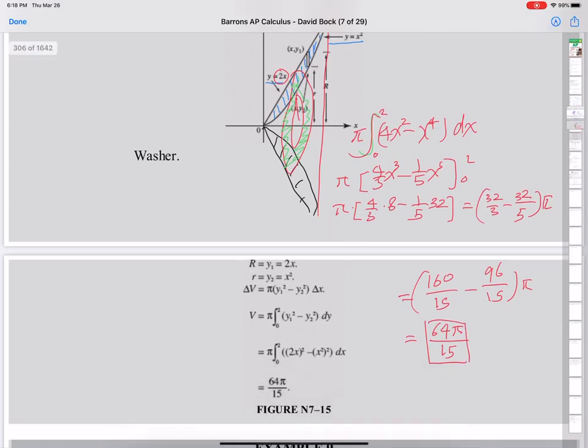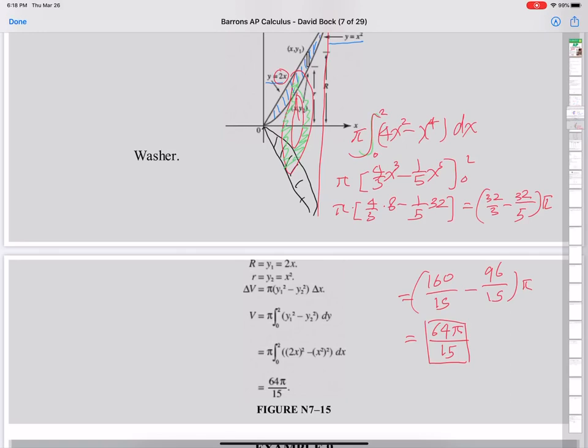Okay, I explained the disk method and the washer method. The basic concept is the same: just find that cross-section area. For the disk method, the cross-section shape is a circle, so you just use pi r squared, where r is usually y. If it is revolved about the x-axis, the radius is y, so pi y squared.